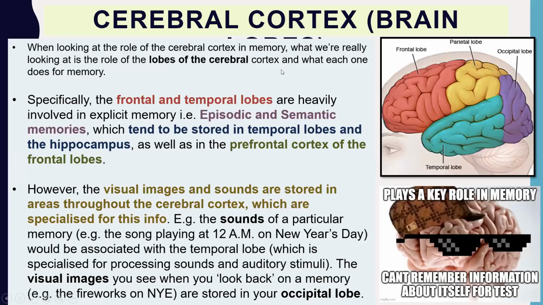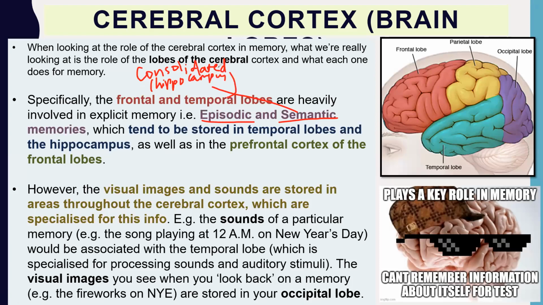The cerebral cortex has a main role in episodic and semantic memories, or explicit memories. When we store an episodic or semantic memory, first of all, that information is consolidated, or strongly fixed into our memory, through the hippocampus. But in terms of the storage, it's stored in the cerebral cortex.